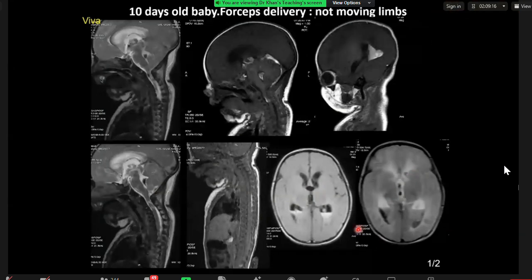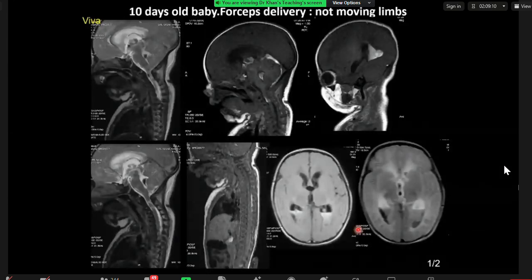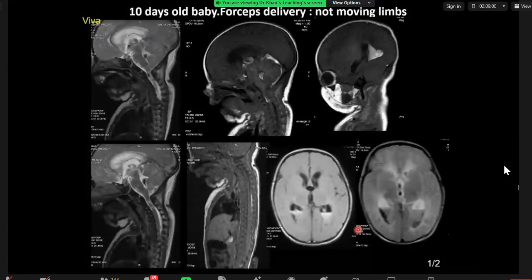So I've got layering of T1 hyperintense fluid in the ventricles, suspicious for intraventricular hemorrhage. There is also hyperintensity surrounding in the periventricular, corpus callosal area, which could be consistent with hemorrhage as well in the context of traumatic birth.